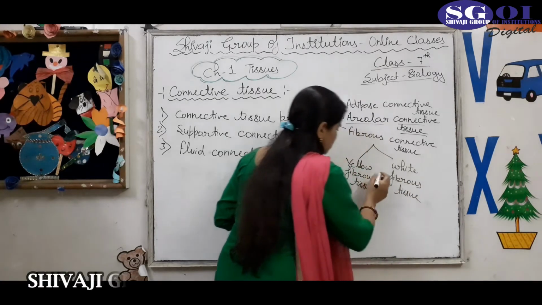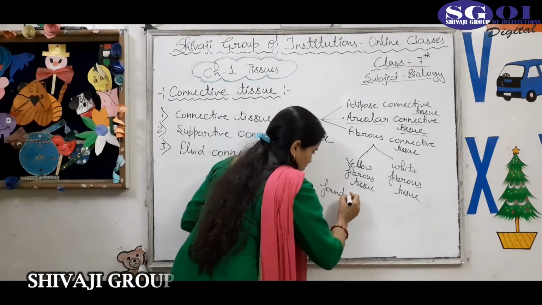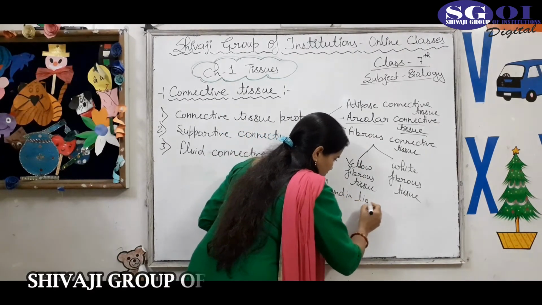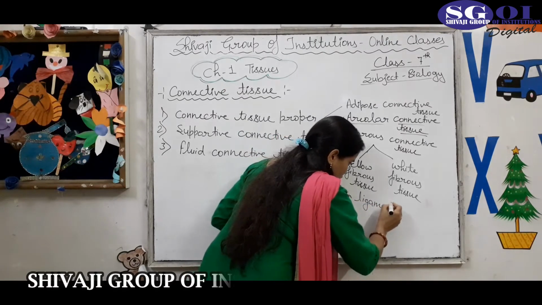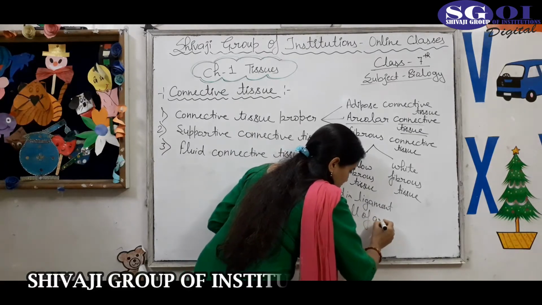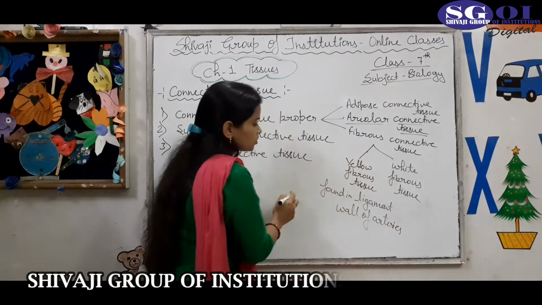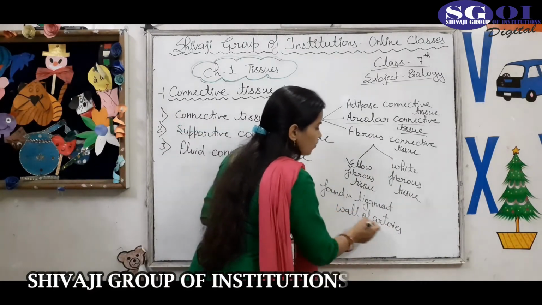This yellow fibrous tissue is found in ligament and also in the wall of arteries. This yellow fibrous tissue is found in ligament and the wall of arteries.